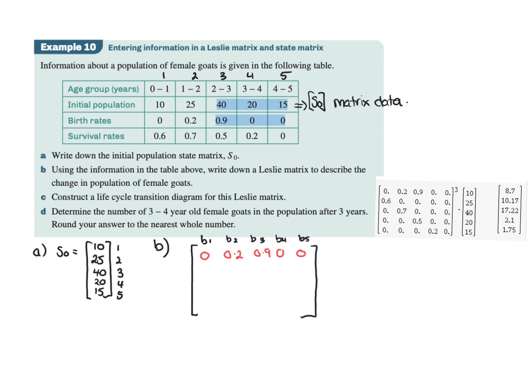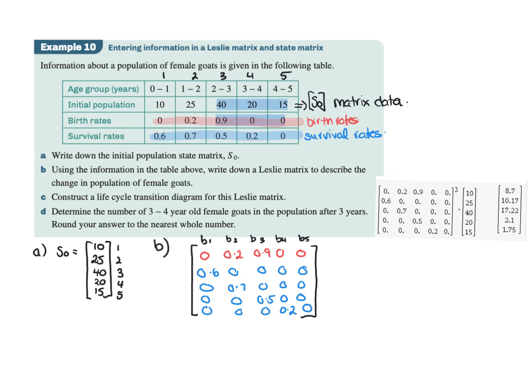And remember, the first survival rate goes underneath that first birth rate. And then you're going to have zeros, and you're on the diagonal, sorry. Oh, it wasn't 0.2, what was it? Sorry, 0.6. 0.6, this one's 0.7, 0, 0, 0, and 0, 0, what was the next one? 0.5, yeah. And then 0, 0, 0, 0.2, and done. Mine's a bit messy, sorry.